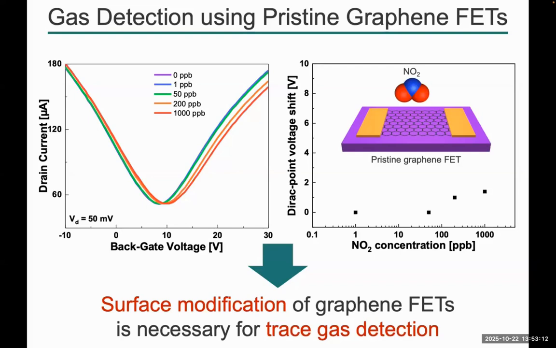There are only small shifts in the transfer characteristics, so we think surface modification or surface functionalization is necessary to enhance the sensitivity of graphene devices.